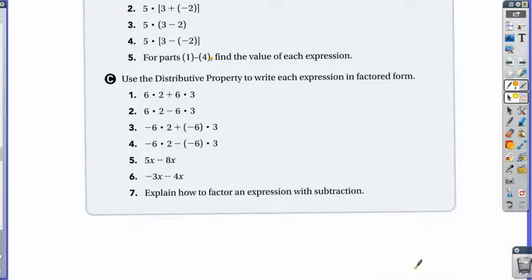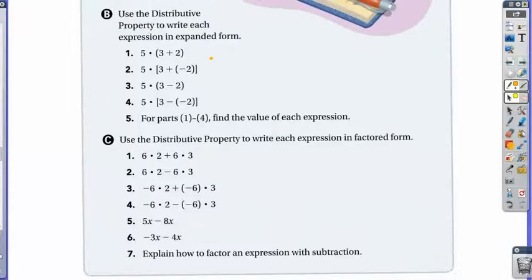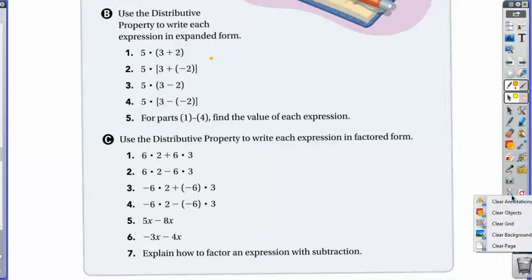In question C, we are given a series of expanded form equations, and we're being asked to write them in factored form equations. I heard a lot of questions about what's factored and expanded form, so let's review that really quickly. If I go back to this first problem here, we were given a bunch of factored form answers, and we had to expand it.